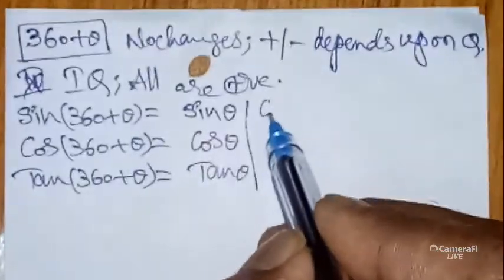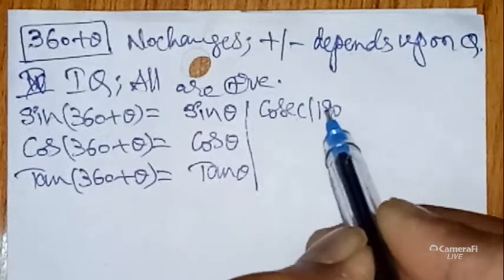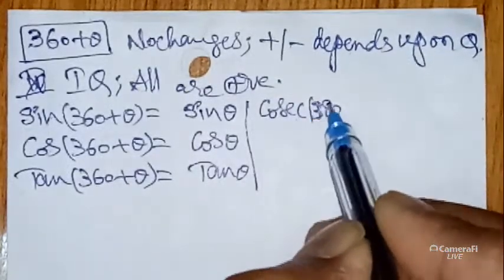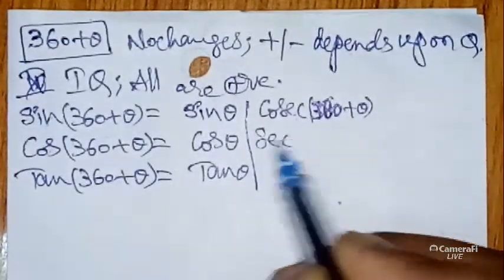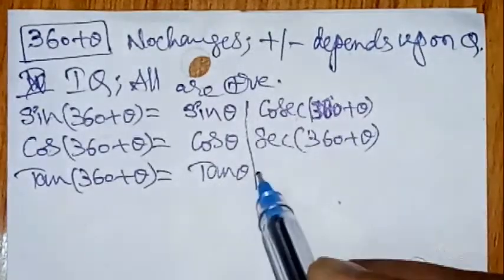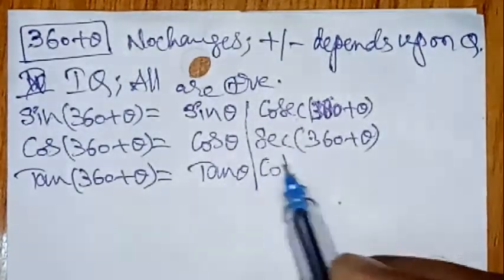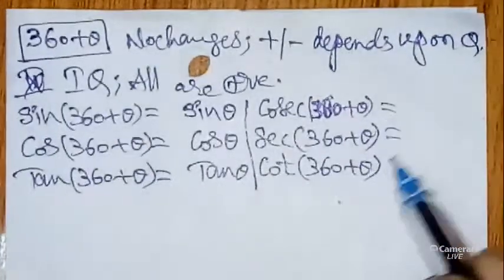Next, for these three values I wanted to write reciprocal values. Cosecant 360 plus theta. Next, cos reciprocal is secant 360 plus theta. Tan reciprocal value is cot 360 plus theta.